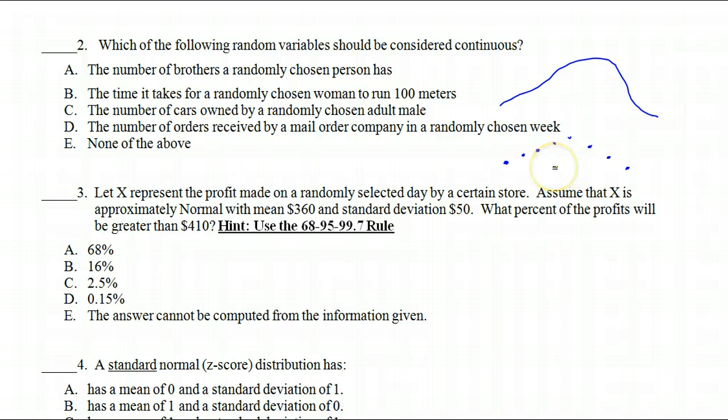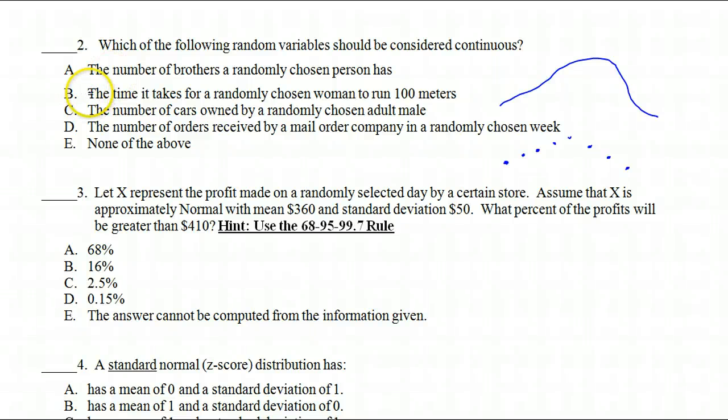Now the number of brothers a randomly chosen person has, that's discrete. You can have 1, 2, 3, 4 brothers. You can't have 1.27 brothers. So it's not A.